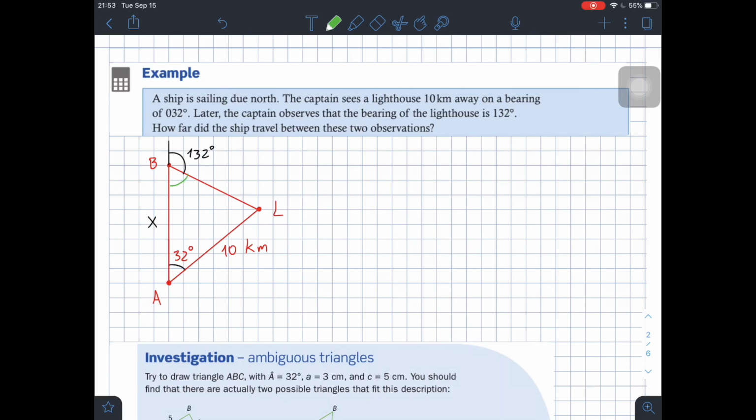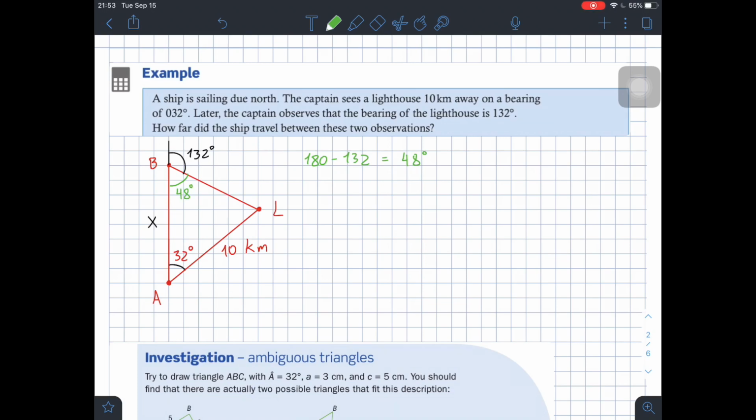So this angle must be 180 minus 132 degrees, and this is equal to 48 degrees.